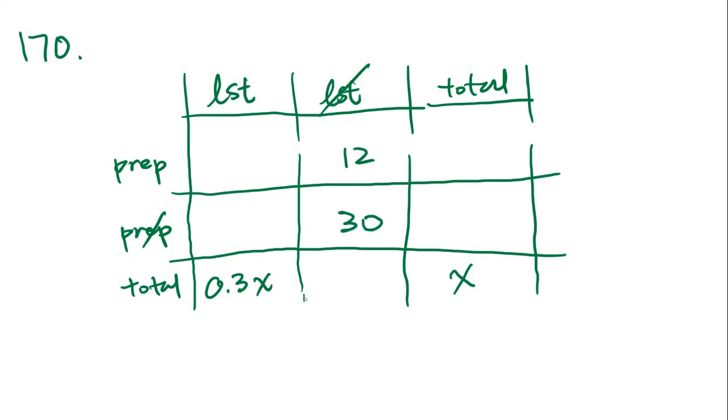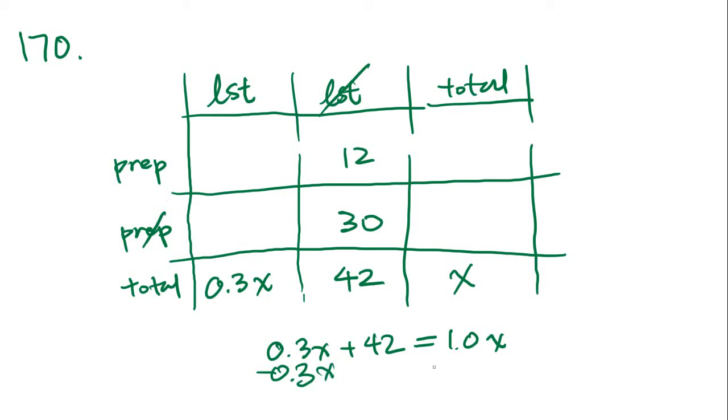Okay, first thing we want to do is figure out what this number is, right? We add these and we get 42. What we know is that 0.3x plus 42 is going to be x. And x is going to be 1.0x, right? Now we subtract 0.3x from both sides.